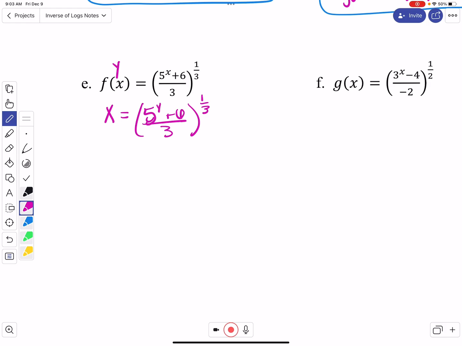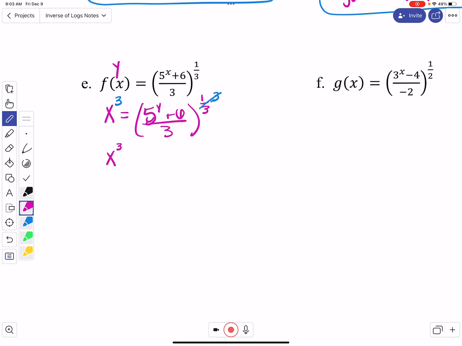Okay, so if I want to get rid of this 1/3 power, I'm just going to raise it to the 3rd power. If I raise it to the 3rd power, 3 times 1/3 will cancel that out. So if you have fractional exponents, just raise it to a whole power is all you have to do.